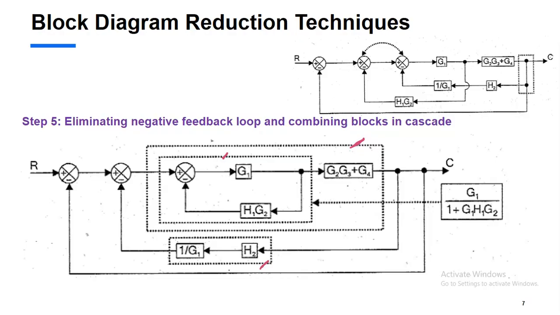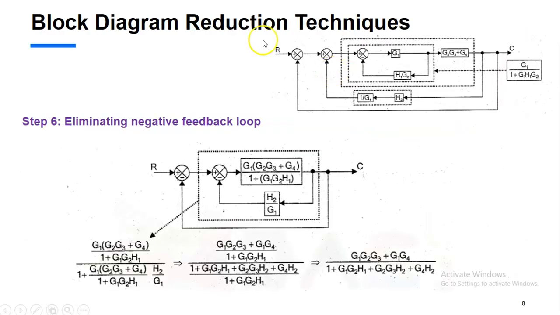That is in series with G2 G3 plus G4. We will see what is the result. So whenever we combine this one with this block, your answer becomes G1 times G2 G3 plus G4 divided by 1 plus G1 G2 and H1.